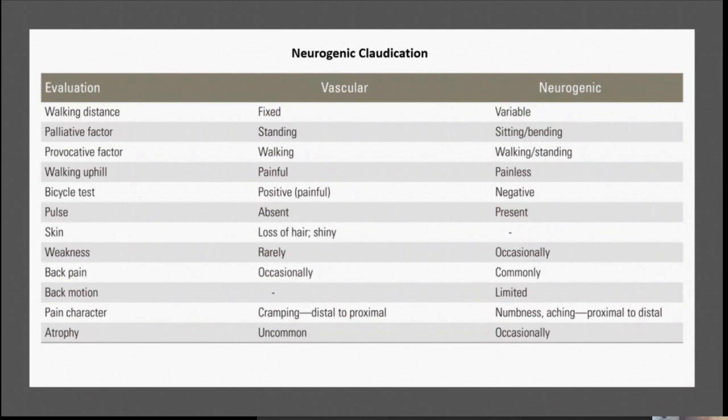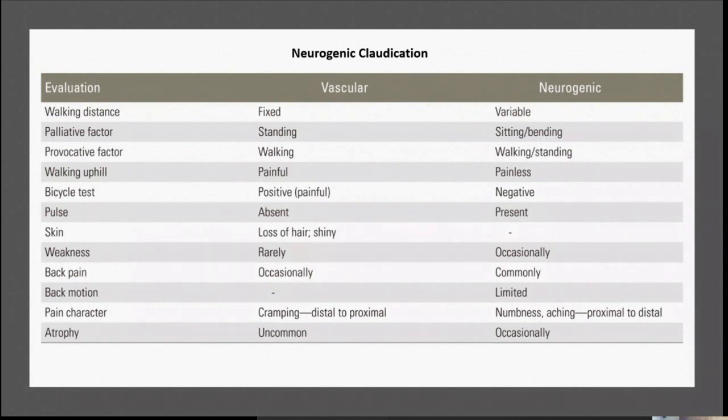It does not happen in the thoracic spine. We can get cervical canal stenosis, we can get thoracic spine stenosis, but we don't get neurogenic claudication from these stenoses. We get neurogenic claudication from the lumbar spine. And the difference, because in the thoracic and the cervical we have spinal cord, and the spinal cord compression will result in myelopathy, while compression of the cauda equina, gradual onset, long-standing, will result in a neurogenic claudication.